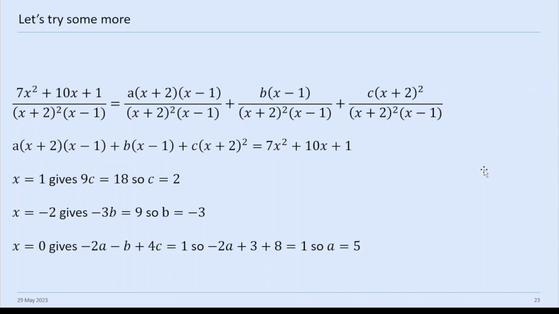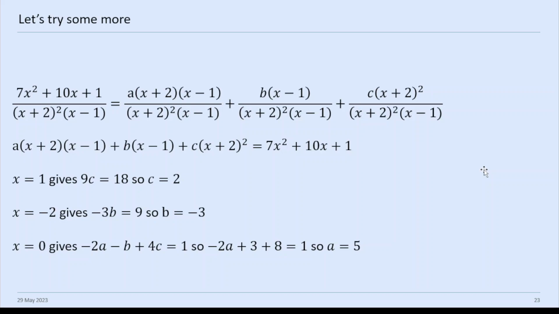And then we pop in x equals 0 as the last one, which is the most natural. I mean, minus 2 was natural because it makes certain terms disappear. 1 was natural, and then there are no other numbers that will make any terms disappear, but 0 is a really easy one. So you put in 0, we get minus 2a minus b plus 4c, and that equals 1. And we know that c is 2.